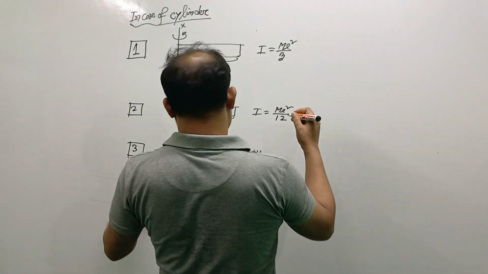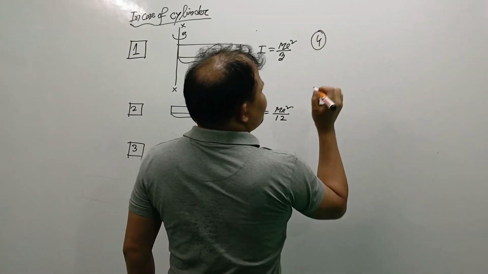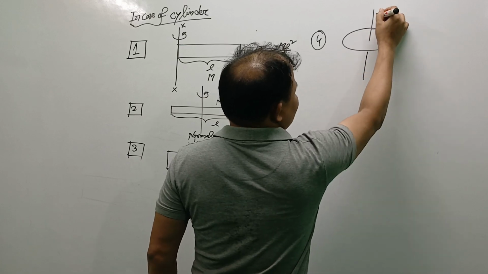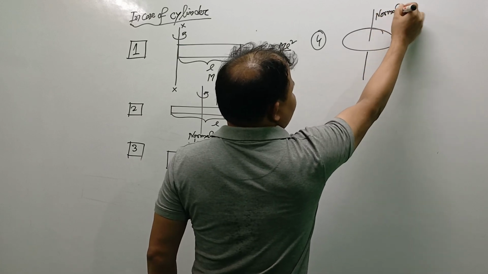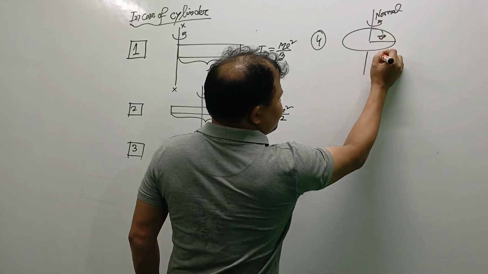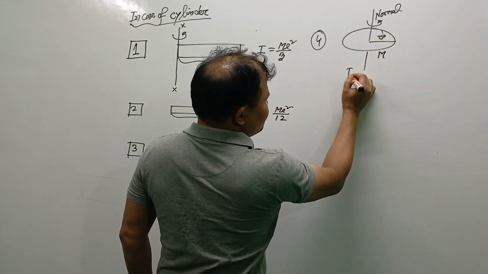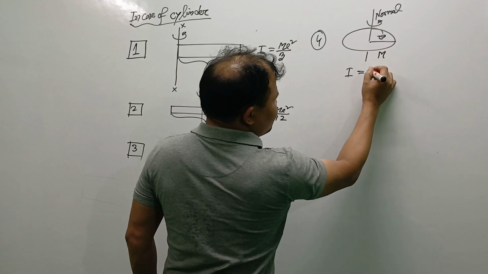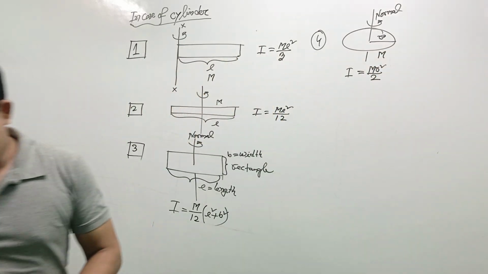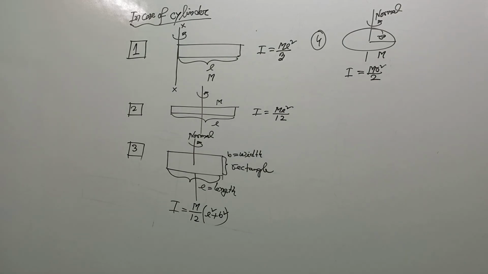Number four, in case of a circular disc, if the rotational axis is the normal, suppose R is the radius and M is the mass, then the moment of inertia I will be M R square divided by 2. My dear students, try to understand, in case of the circular disc the moment of inertia will be different for different axes.